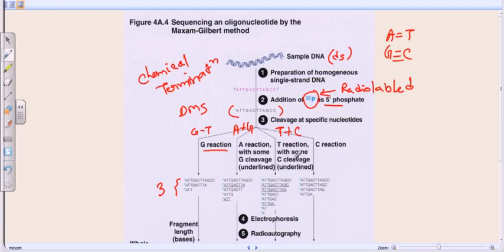So here, as you can see in this reaction, how many thymines are there? 1, 2, 3, 4. So the number of cleaved DNA fragments they are going to generate due to the presence of thymine is 4, and for the presence of cytosine it will be 1, 2, so 2.